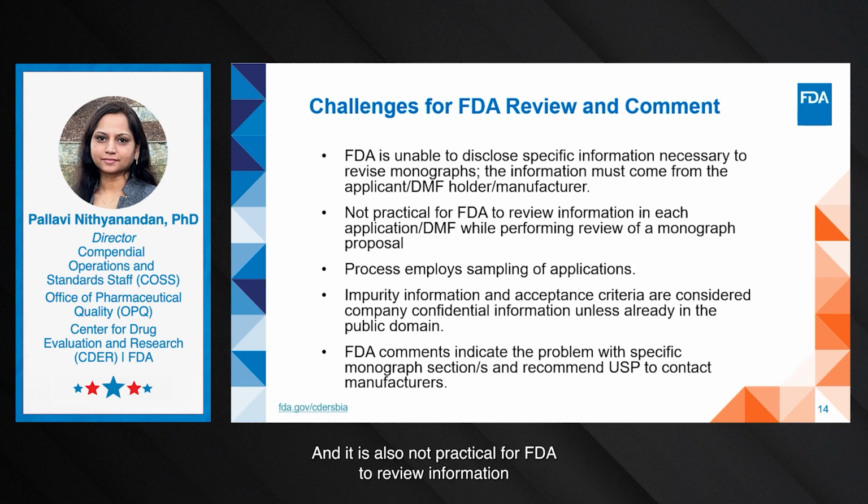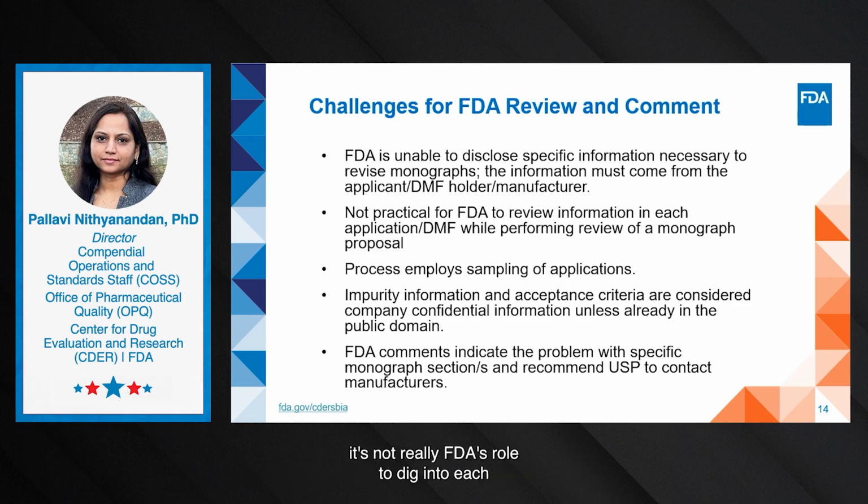And it is also not practical for FDA to review information in each application or DMF while performing review of a monograph, because some monographs may sometimes have more than 50 applications or many DMFs associated with them.